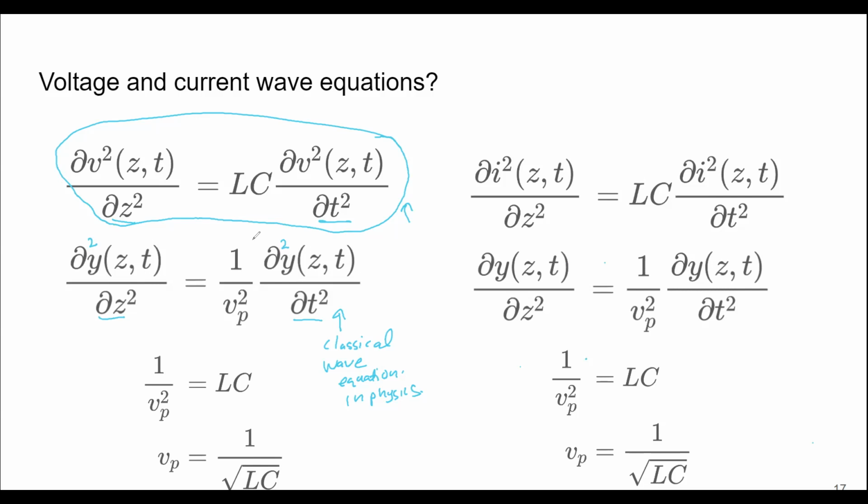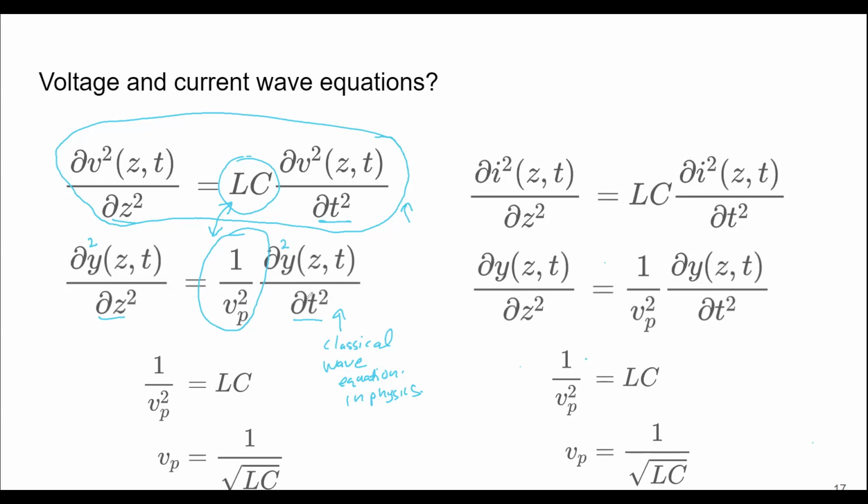So the only difference is this parameter and this parameter, right? These are constant parameters in both the equations. Since the equations are similar, we can equate these two parameters, and we can derive an equation for the velocity of the voltage wave in transmission lines using the wave velocity expression in classical wave equations, right?